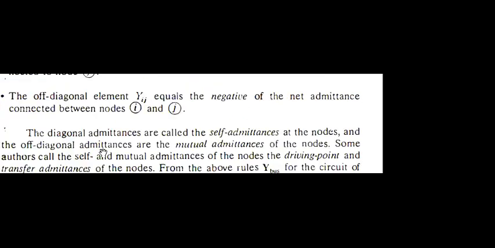So 0 for the node 3 equation and V4 coefficient. So this is Y34. Y34 will be 0. This is Y34, that means this is for node 3 in terms of V4 coefficient.